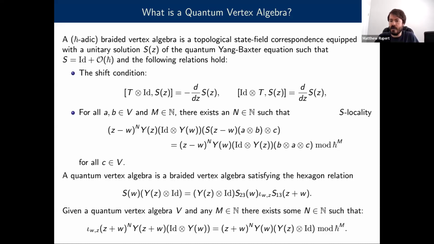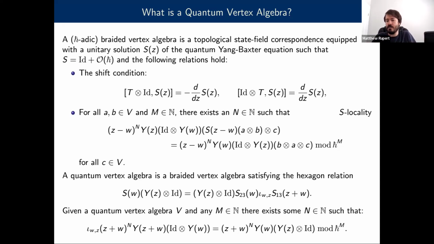And a quantum vertex algebra is a braided vertex algebra where we impose this hexagon relation. So this tells you how S intertwines with your vertex operator, so your state field correspondence. And the point is, for vertex algebras, you have these nice associativity properties that are satisfied by the state field correspondence.